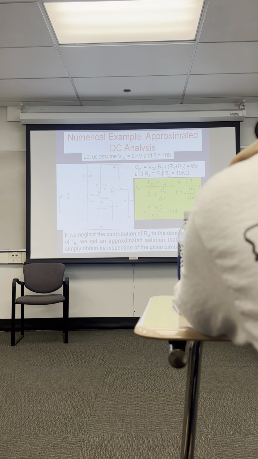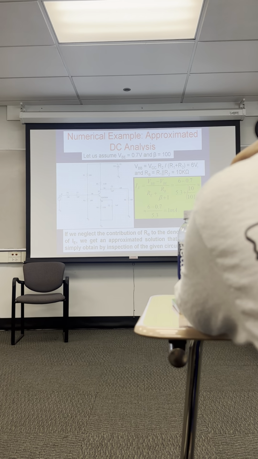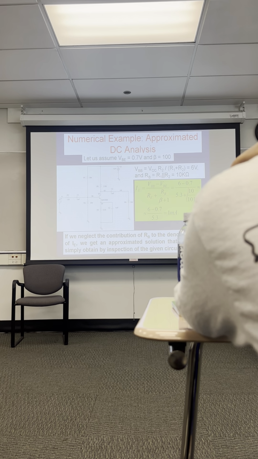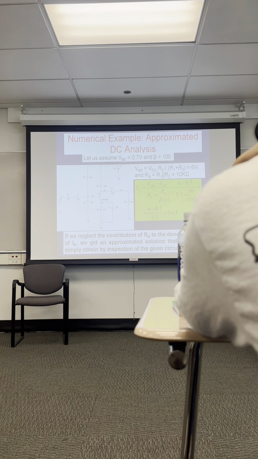If we use the formula where we remove this RB over beta plus 1, I sub E is around 1 milliampere. If you're solving a problem like this, it's usually best to keep this term in the equation because it's actually more accurate.